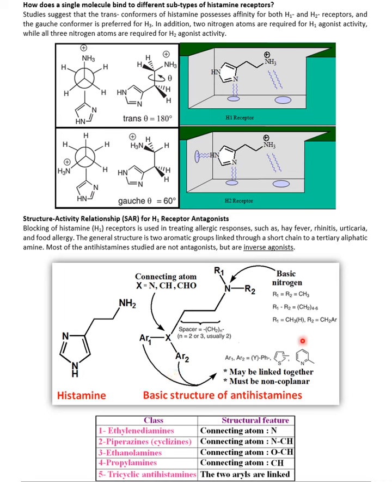Finally, I just want to say that I do not expect you to memorize all these features I described, but if you are provided with this general structure, then I expect you to know that, for example, these 2 aromatic groups should not be planar if they are fused together. The spacer here should be 2 to 3 with 2 as the preferred, and examples of basic nitrogens could be one of these.